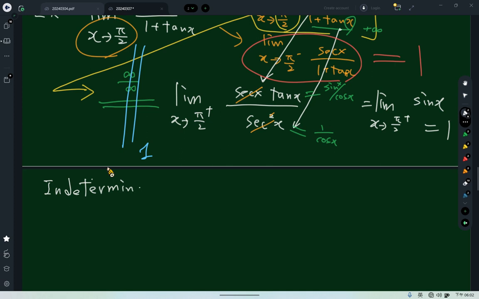Okay, so I will continue to introduce the indeterminate powers, like 1 to the power of infinity, or 0 to the power of 0, and infinity to the power of 0.